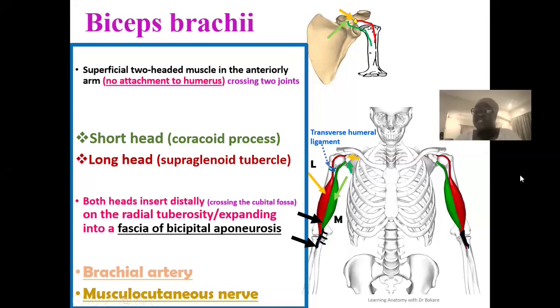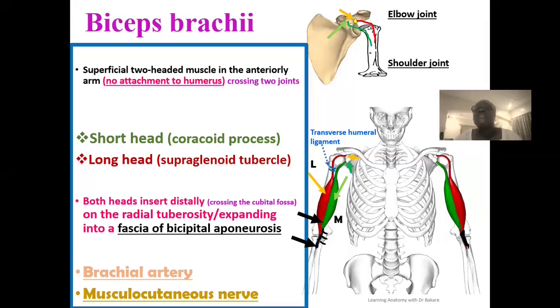So now let's go to the actions of the biceps brachii muscle. If you look at the pattern by which it originates and also where it finally inserts, you see that this muscle is crossing these joints, and this is where it will be exerting its effect on these two joints. So it is seen to exert effect on the elbow joint because it actually crosses the elbow joint before it finally inserts on the radial tuberosity.